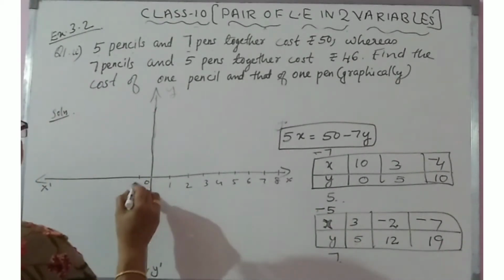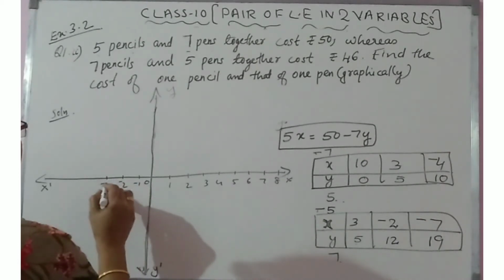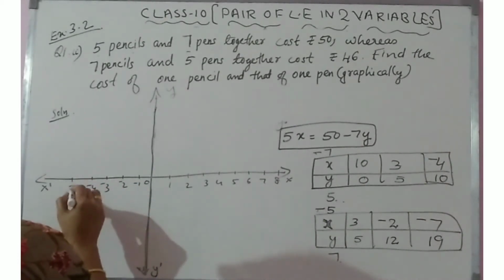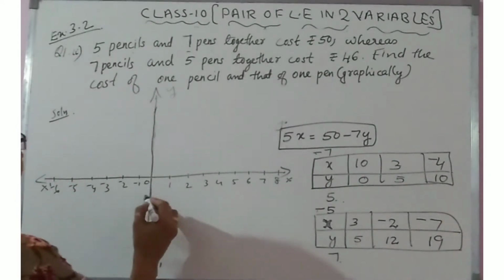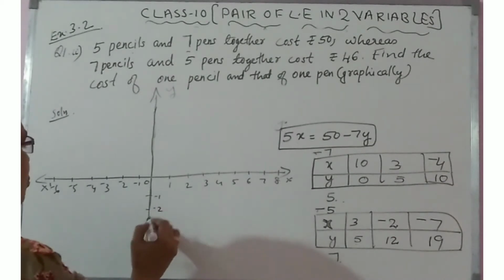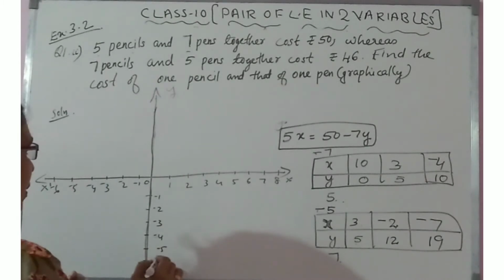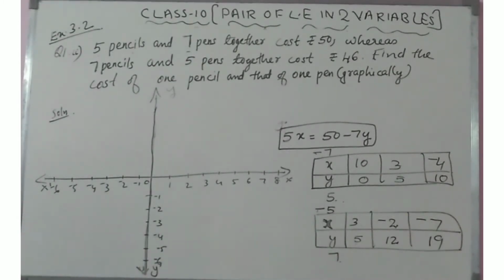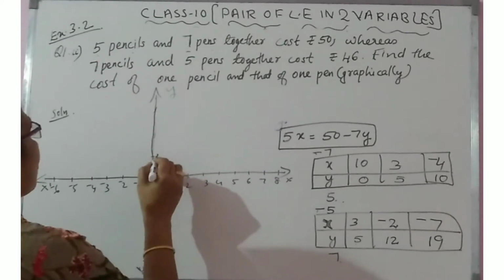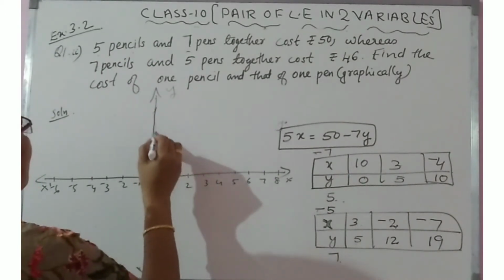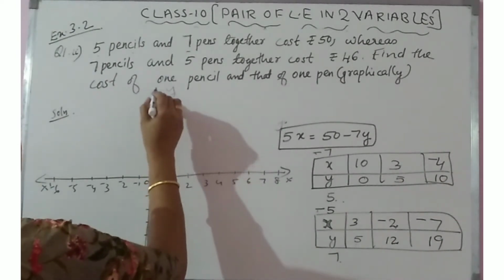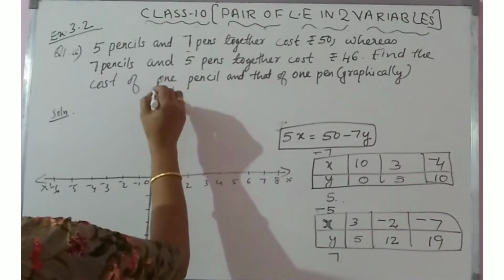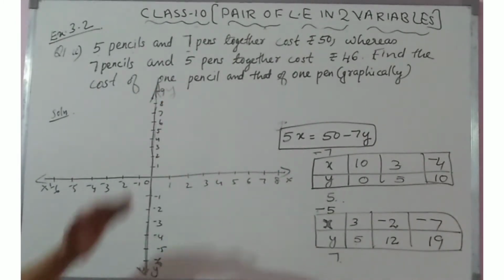You have to mark here minus 1, minus 2, minus 3, minus 4, minus 5, minus 6. Here also minus 1 to minus 6. Here we can write 1, 2, 3, 4, 5, 6, 7, 8, 9. It will go on.